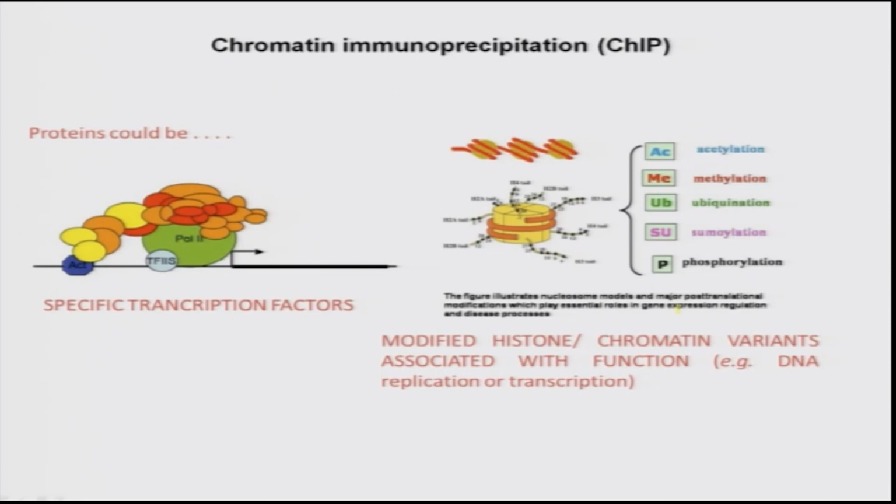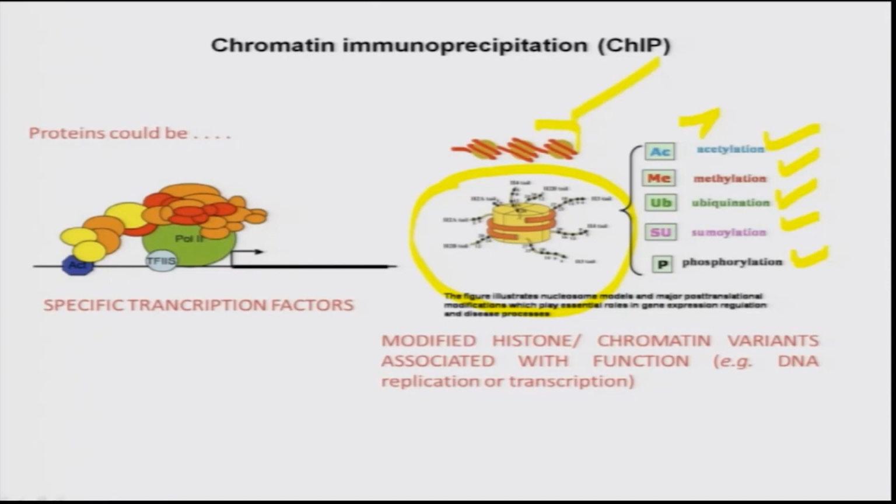Basically, the chromatin here is shown with a tail coming out, which can be modified. It could be acetylation, methylation, ubiquitination, sumoylation, or phosphorylation. If you have an antibody which recognizes acetylated histone or methylated histone or any other modification-specific antibody, the antibody would come and bind to this region.